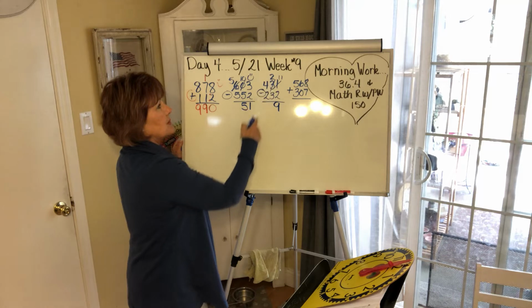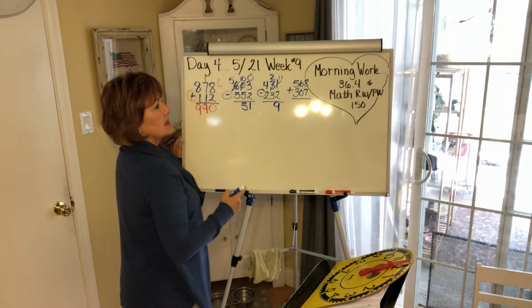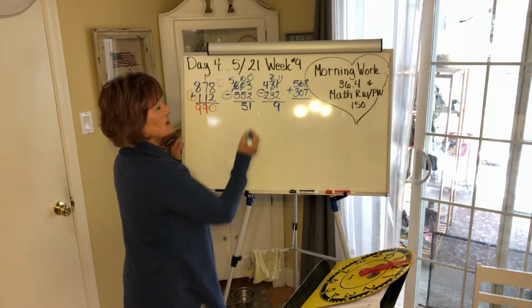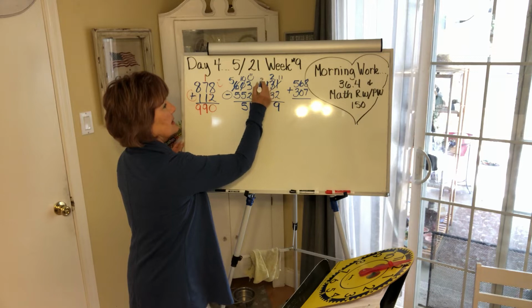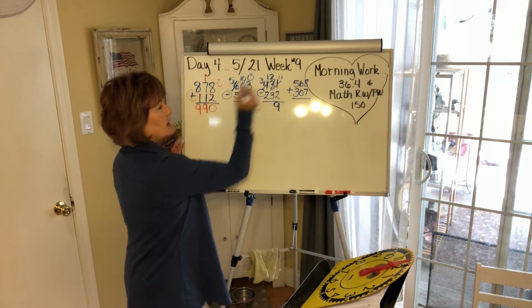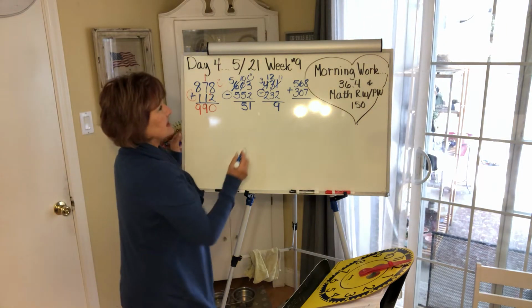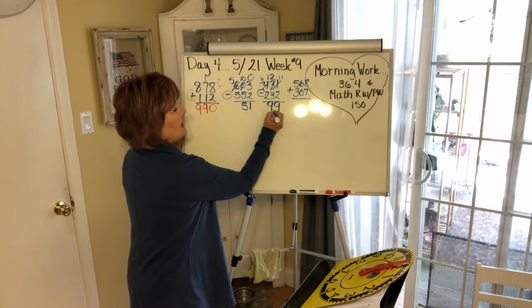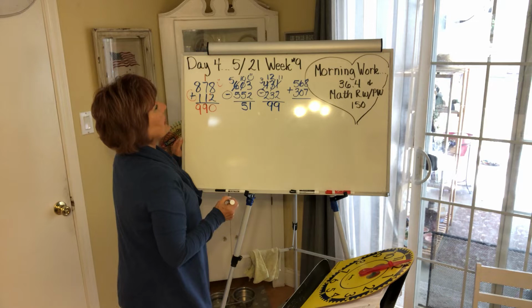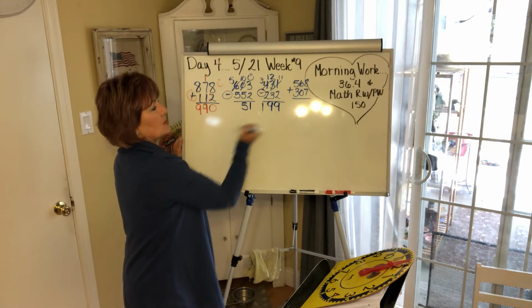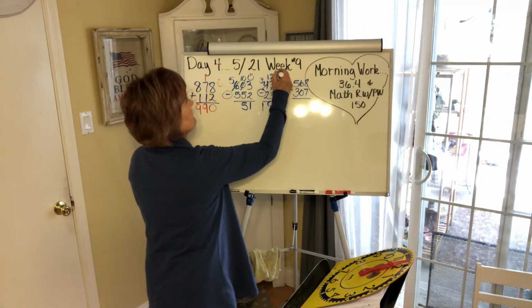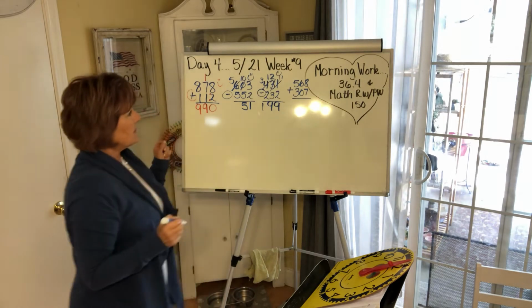Now we have to regroup again because 2 take away 3 is not possible. So we go to the hundreds place, carry that right in front of the 2 tens. 12 tens, take away 3 tens is another 9. And 3 take away 2 is 1. 199. One more, you'd have 200, right?